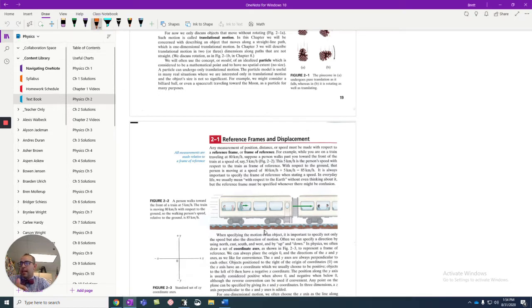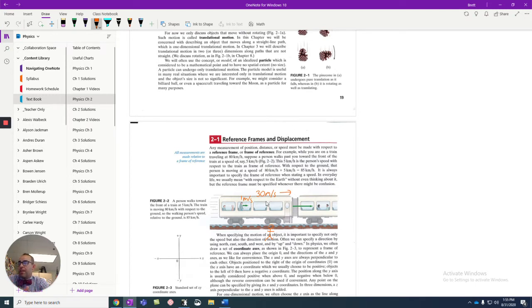If I'm standing on the side of the train tracks, watching this train go by, and let's say the train is going 30 meters per second as it goes down the track. Let's say this person is walking 1 meter per second. If I were to try and time or radar gun that person walking, if I'm standing still on the outside of the train, I would say that the person is traveling 31 meters per second.